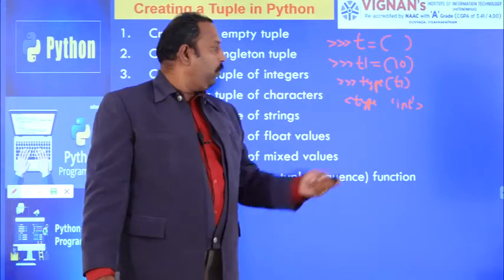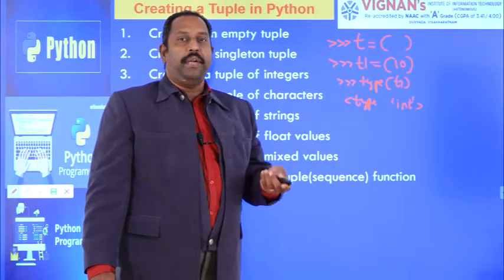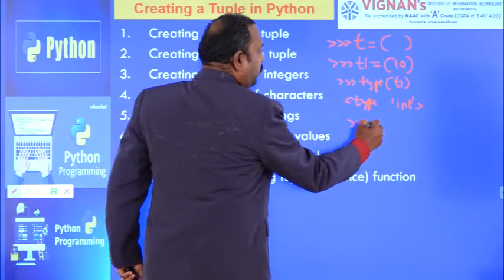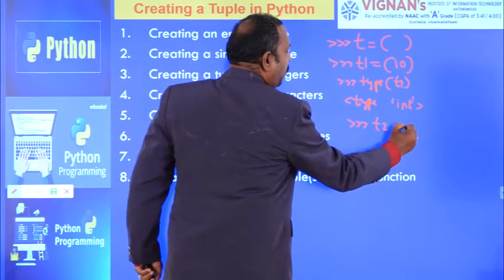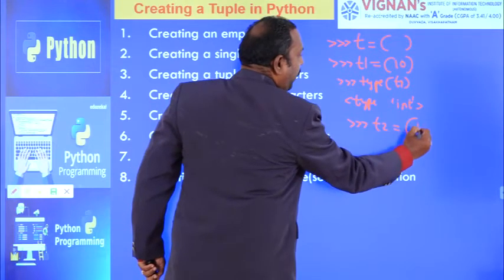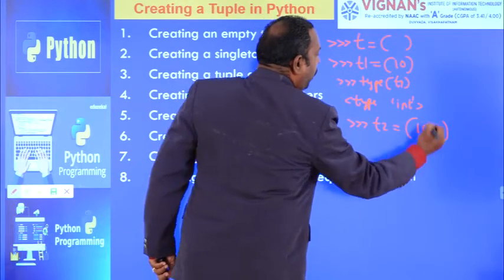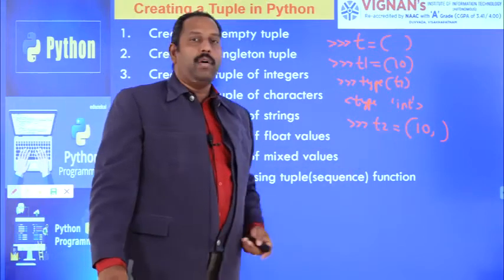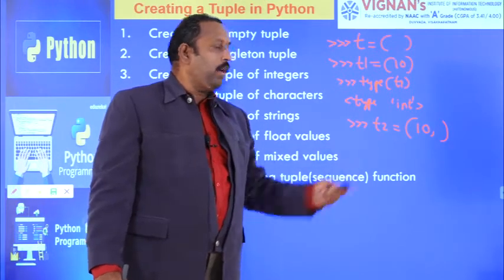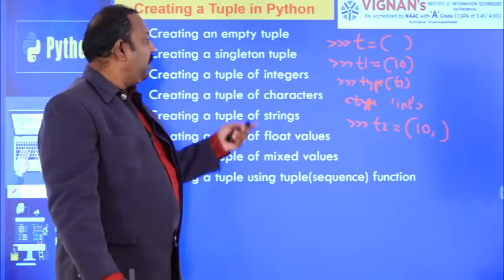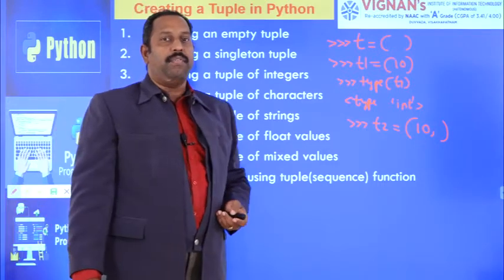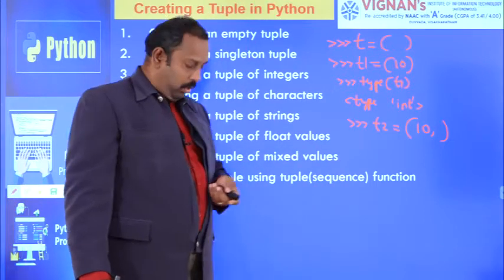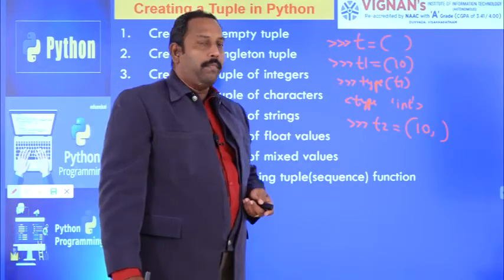But I don't want to create an integer, I want to create a tuple. Then you have to write t2 equal to 10 comma. What is the meaning of the comma? A tuple is a list of values. 10 is one value, and the comma means I want to add some more.